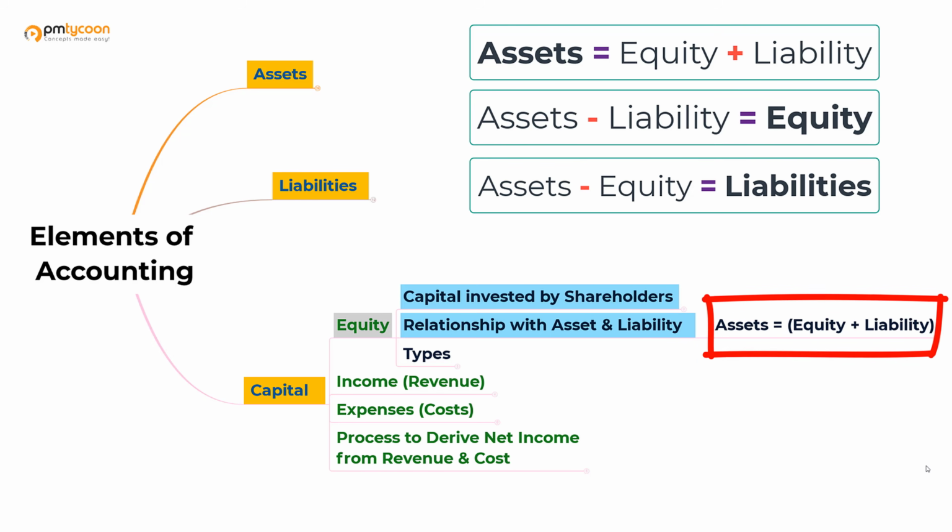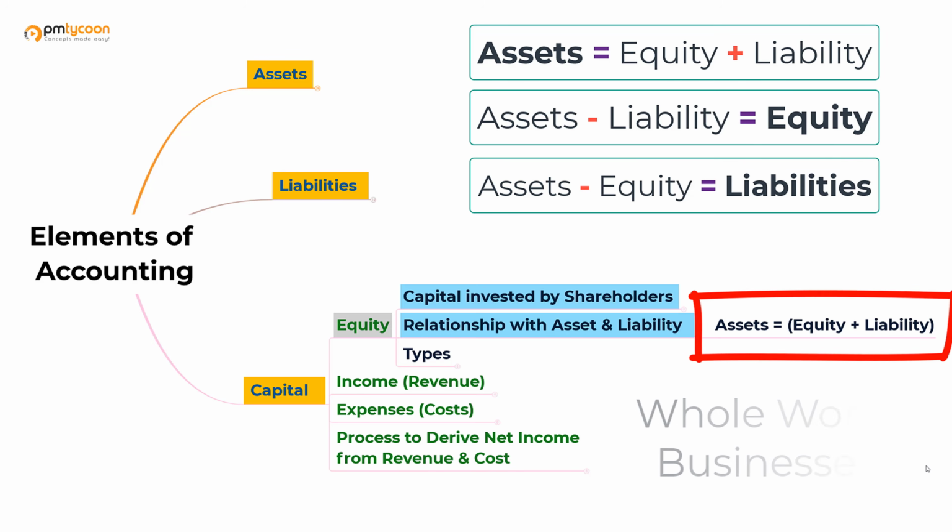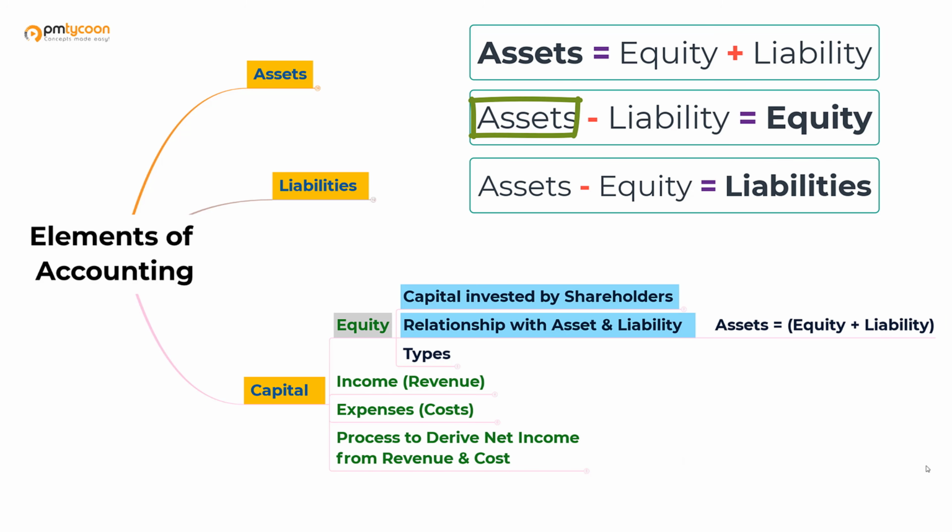This is a universal formula for any business. Never ever forget this equation. Yes, I mean it. It is such an important equation that the whole world's businesses run on it. So the more the asset and the less the liabilities, the better it is for the shareholder.